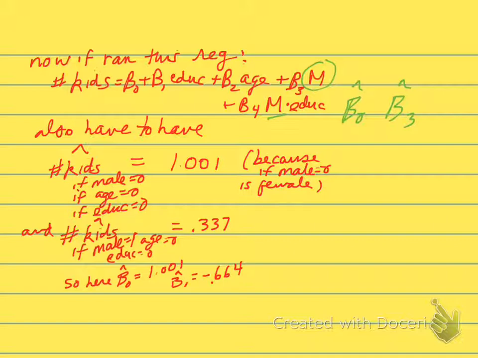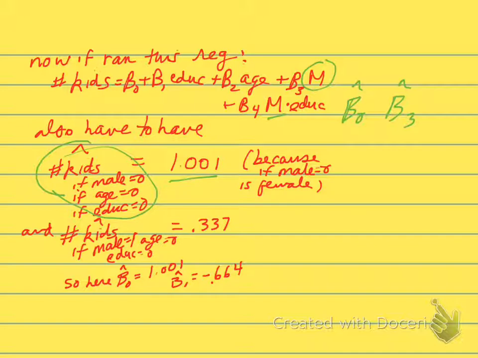Since we're using the same data, all we're doing is changing the dummy variable. It has to have the same implication for the predicted number of kids. If you're male, and age is equal to 0, and education equals 0, it has to be 0.337, because that's what was predicted in the other regression.